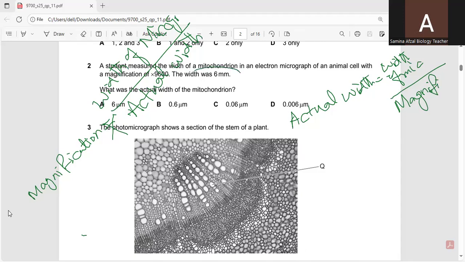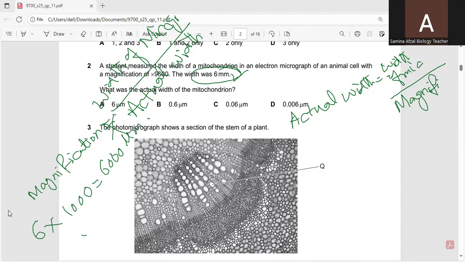But the width which they have given us is 6 millimeter. They have measured it in millimeter units. But to find out the actual width, we have to change this 6 millimeter into micrometer. So we will multiply 6 with 1000. So it will become equal to 6000 micrometer.